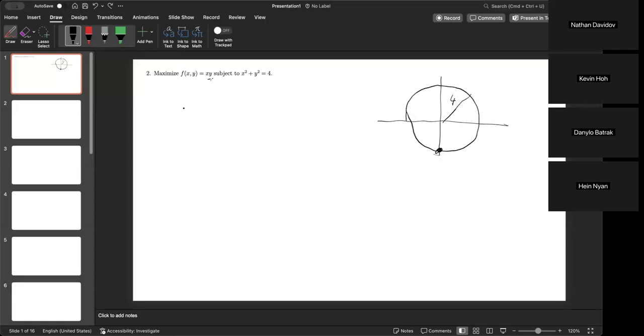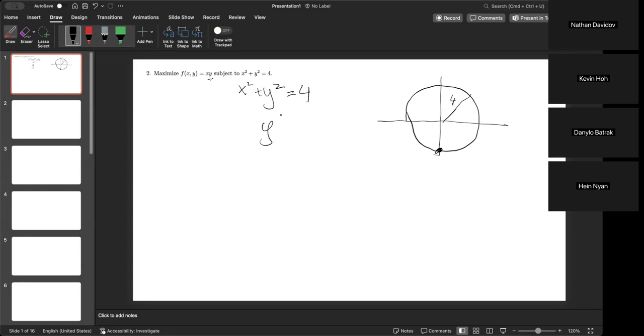So how do we do this? Well, we have this function x times y. We know that the maximum occurs when the derivative is equal to 0. So before I set the derivative equal to 0, I need to set this function in terms of a single variable. I can say x squared plus y squared equals 4.